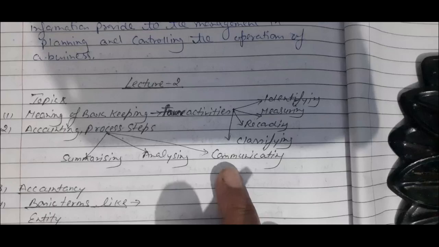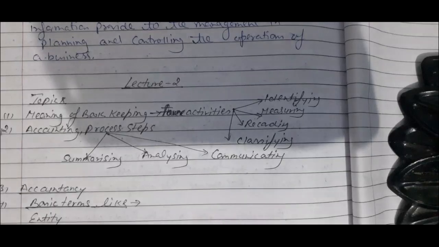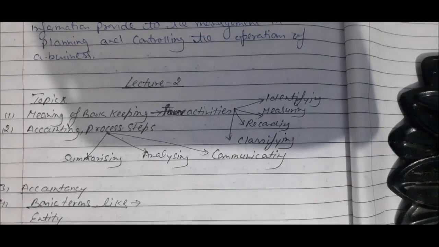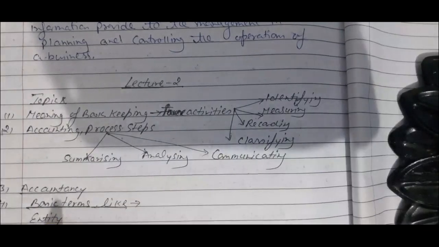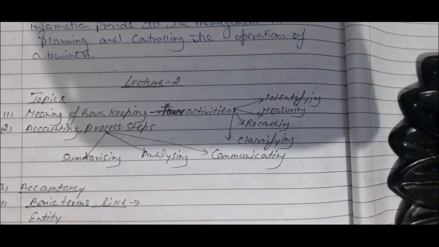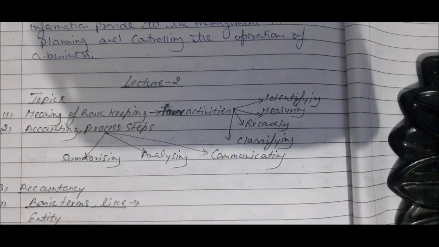Third step is communicating: the information is provided to the interested parties. After communicating, the firm has provided all the information to its users, external or internal. Next is accountancy. Children, accountancy is the process of managing the income and expenses of a business.